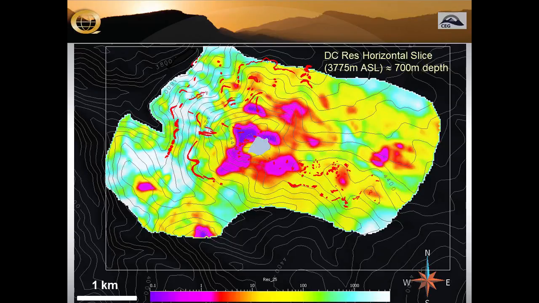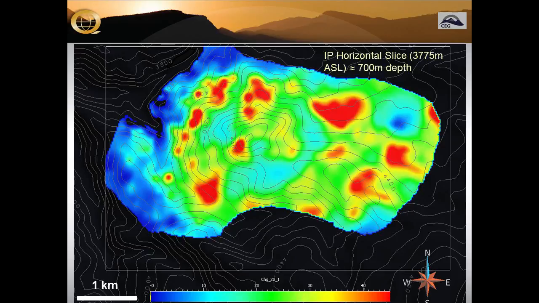Those are the near-surface silicified veins. And you can see that in the chargeability response, you're getting good evidence of that in the near surface. But identifying some other large features of interest down in that extension of the zone.